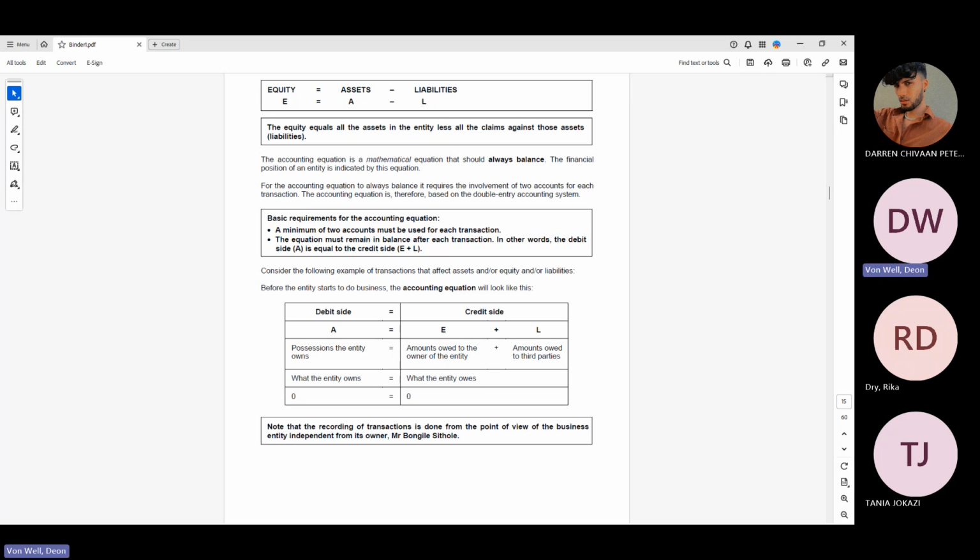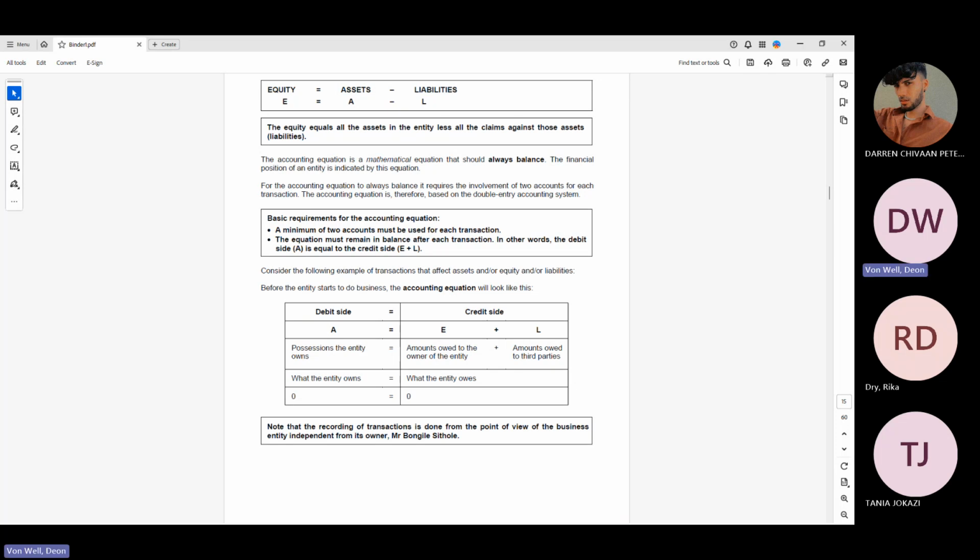My equity and my liabilities are what I owe, because I owe the owner that money that he contributed. It belongs to him. Because if he did not provide that money, the entity had to go to either the bank to get a loan or get an overdraft to pay for these assets.